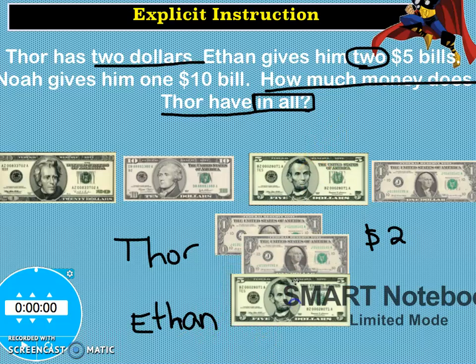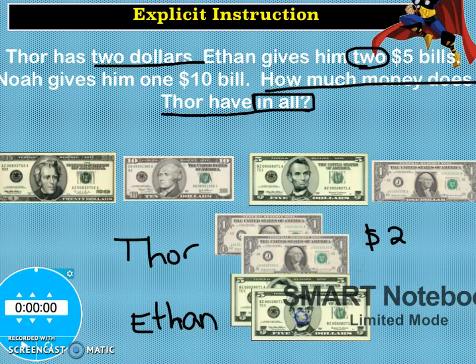So 1, 2. So remember in our previous lesson, if we have $5 bills, we have to count by 5. So 5, 10. So Ethan really gives him $10. So far that's 2 and Ethan gives him 10.